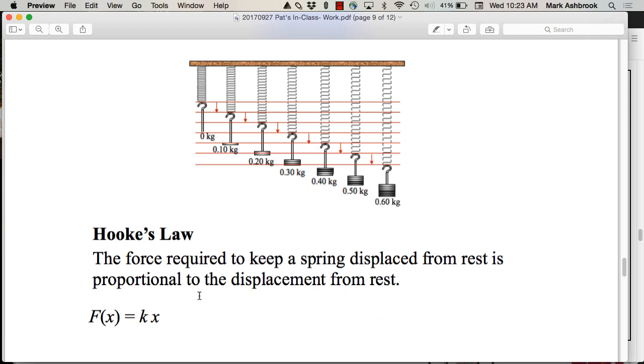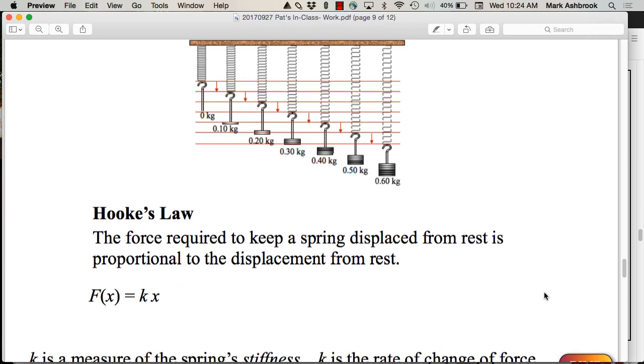That's what we mean by displacement. That is often a troubled point when you're doing these problems. You've got to make sure you know what x is. x is displacement from natural length, or unstretched length. It's not the whole length of the spring. It's the amount of change from the natural length. Okay, so make sure you got that.